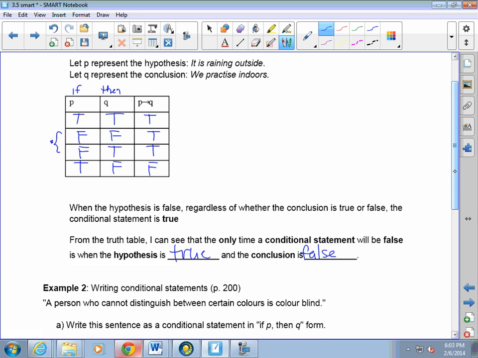That's like saying, if I get all my homework done, I'm going to get 100%. Well, you could get your homework done, but do it all wrong. Therefore, you have a false conditional statement.